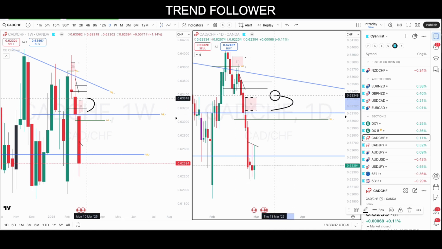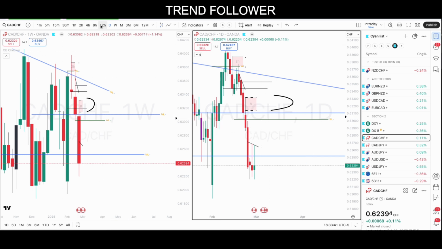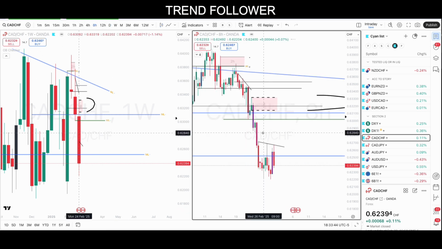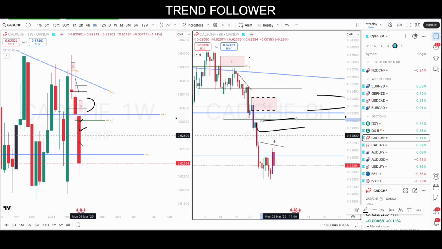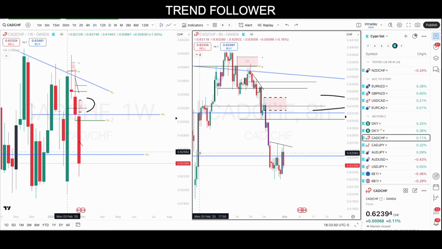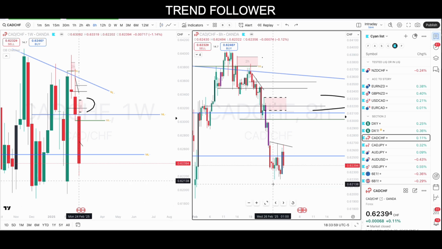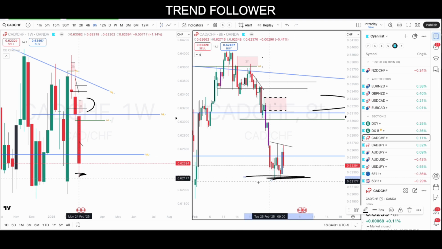So if it comes here, then I will take that trade. And in the other case, as I explained, what I would like to see is how the price acts here. So that would depend on that. One of the good things about CADCHF, if it doesn't go down at the start of the week, is equal lows here.